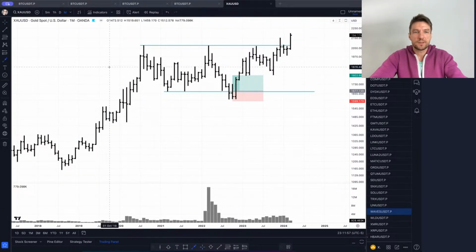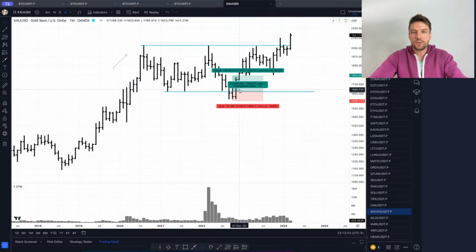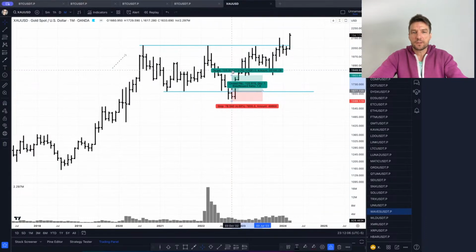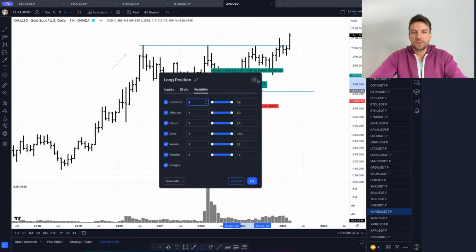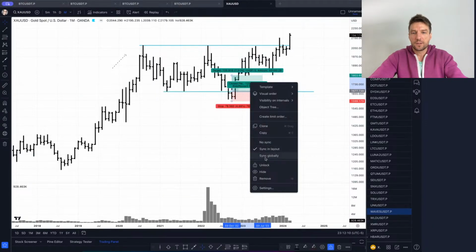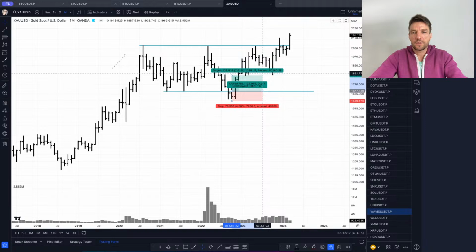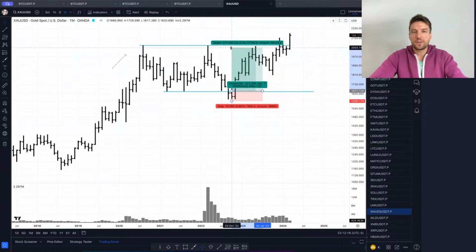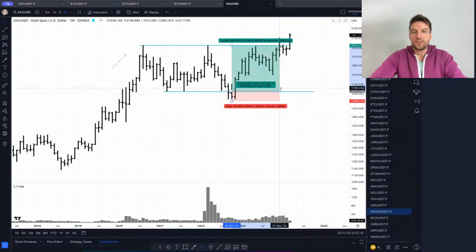Same deal. So you see, this was a good entry for 1 to 2, or even to this level. So this was the trade on gold.